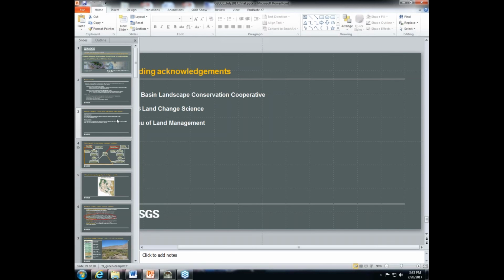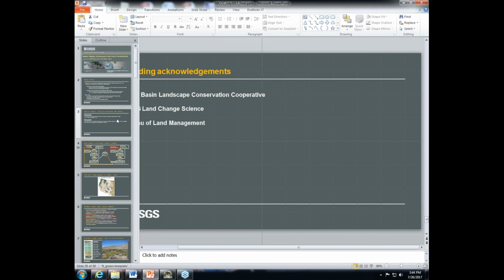Any areas that were not classified as grassland, herbaceous, or shrubland were masked out. It had to be 70% grassland or 70% shrubland, and if it wasn't, then it was masked out. The other criterion that we used was elevation. Any elevation above 2,250 meters also was masked out.